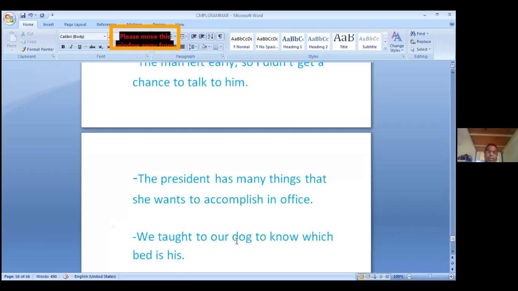For the masculine, if we know the gender, he, him, or his. And for the feminine gender, she, her, or hers. Dog is singular, so it takes the third person singular pronoun his.